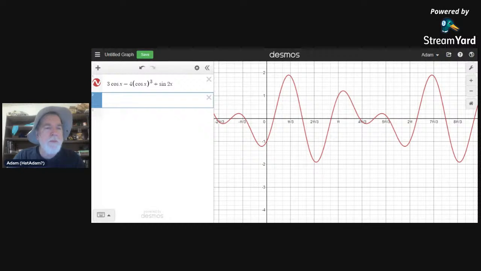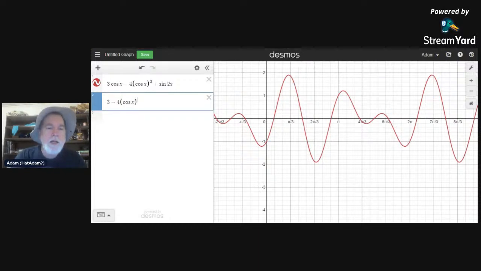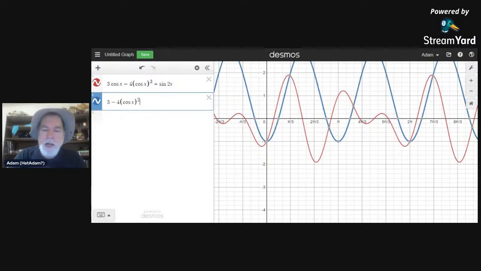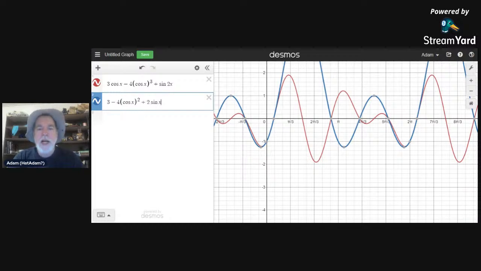We've got 3 minus 4 cosine x squared, and then this was plus 2 sine x cosine x. So now this just becomes 2 sine x. This is what I was meaning to say here.